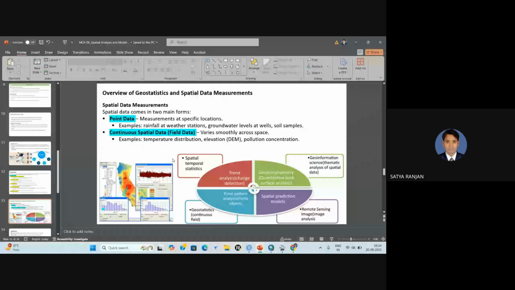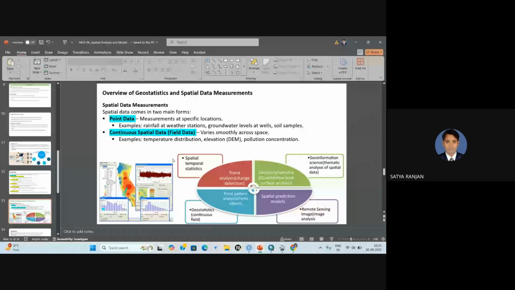Then soil samples can be found in point or polygon data. And continuous spatial data fields, that are very smooth across space, such as temperature distribution, elevations, pollution concentrations. So these are all related methodologies used in different applications.